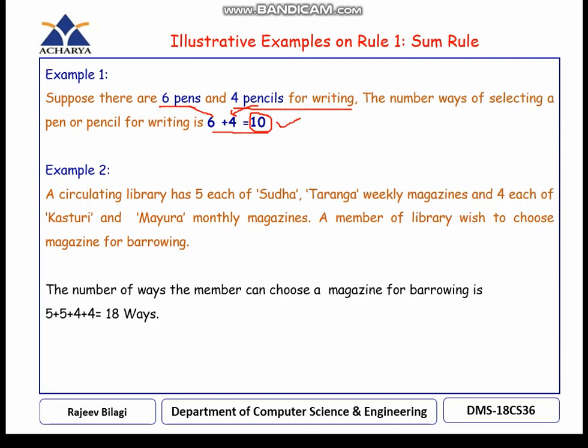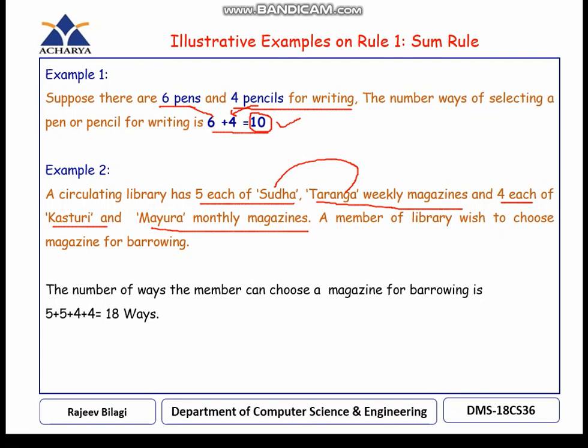There is another simple example. In a circulating library, there are 5 each of Sudha and Taranga, which are weekly magazines. Then there are four different magazines each of Kasturi and Mayura, which are monthly magazines.